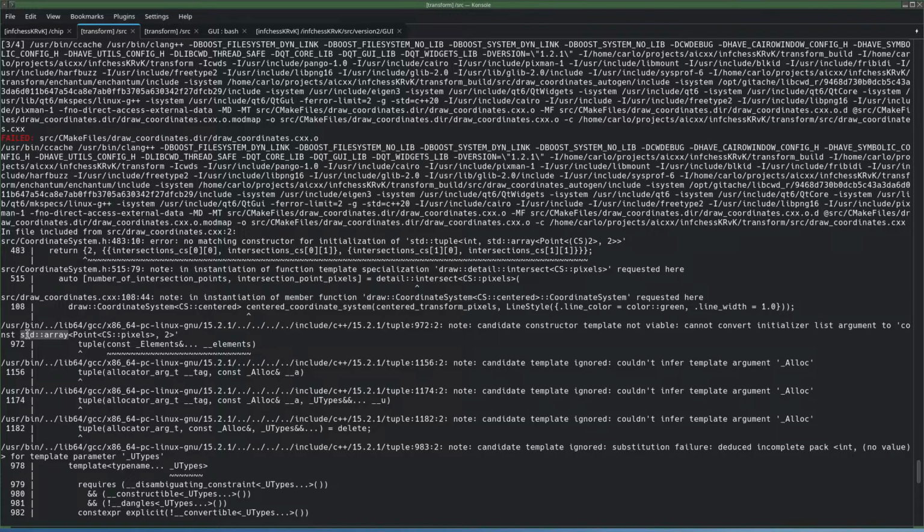So it does know that it is an array of CS pixels. And the problem it has is with the whole thing, including the 2.